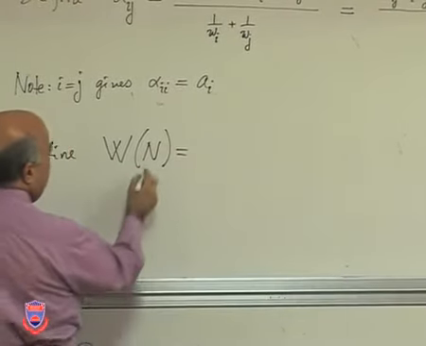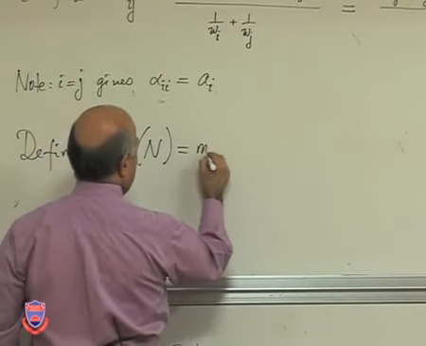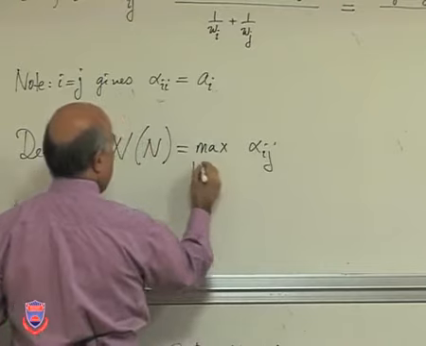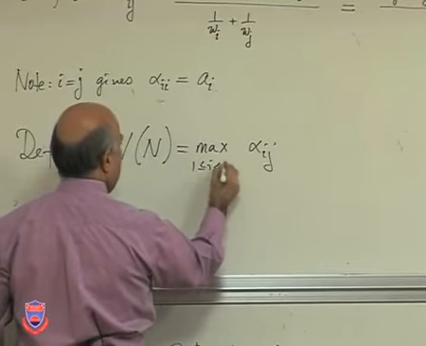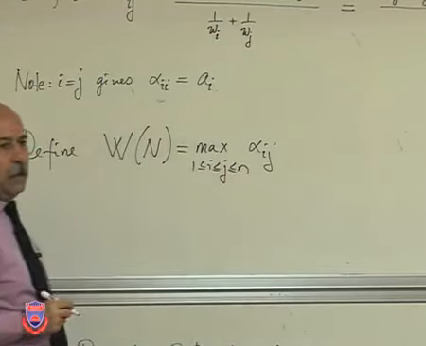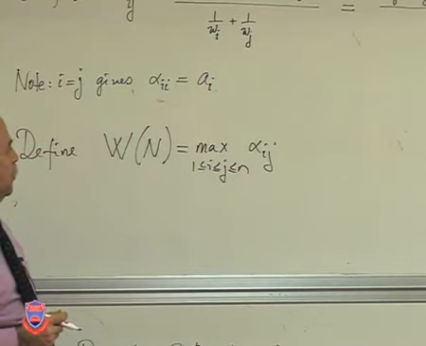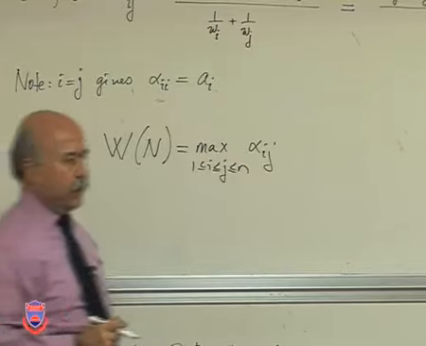Let's define W associated with the network to be the maximum of these numbers. These are a priori computable. You just compute them and you pick the maximum value.